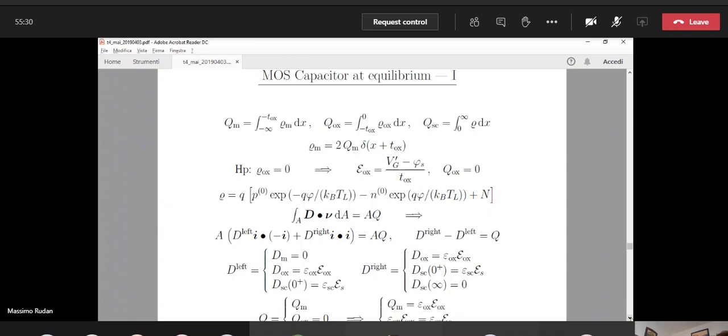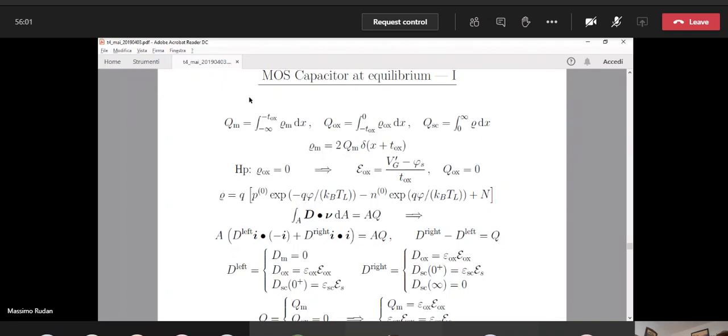If you look at the first line, if you indicate with rho sub m, you see it on the left, the density of charge of the metal, of course, rho sub m is simply the little stick near the interface, okay? And you integrate it over the extension of the metal, that means between minus infinity and minus T ox.